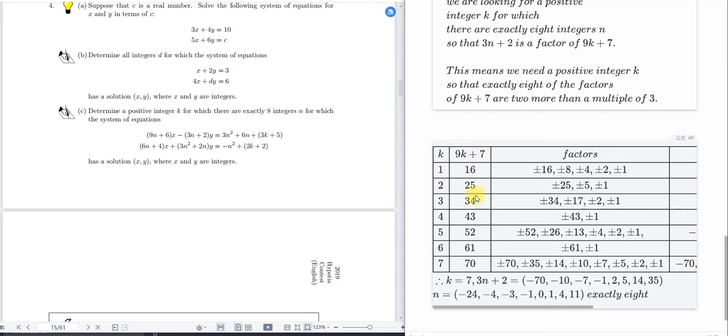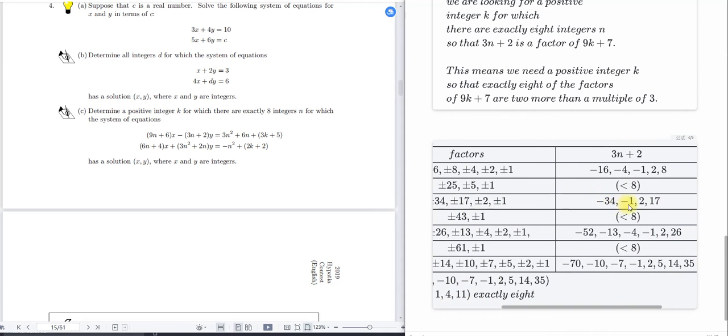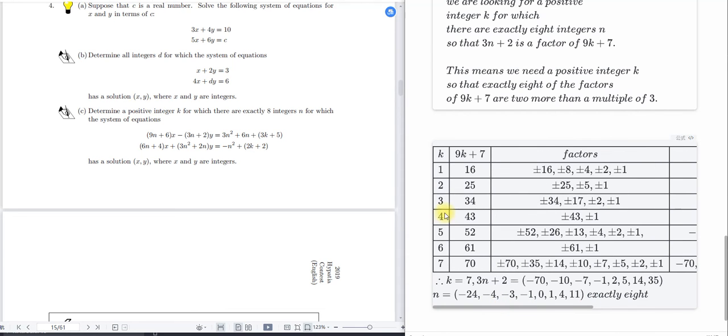9k plus 7 equals 34. And we have these factors, and only these 4 are 3n plus 2, 2 more than a multiple of 3. So let's try 4, 5, 6.